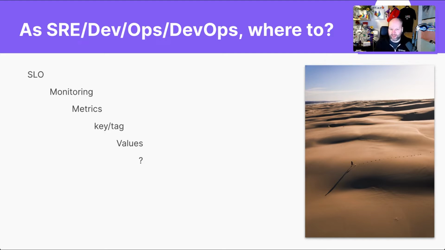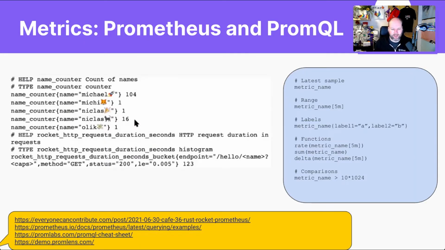We have metrics, we have keys or tags with values, and what else is in there? One of the things I got hooked on was, okay, let's use Prometheus and PromQL for queries. Look at the format, learn how to query the metrics and the data being stored. And from there, we can navigate into adopting service level objectives.